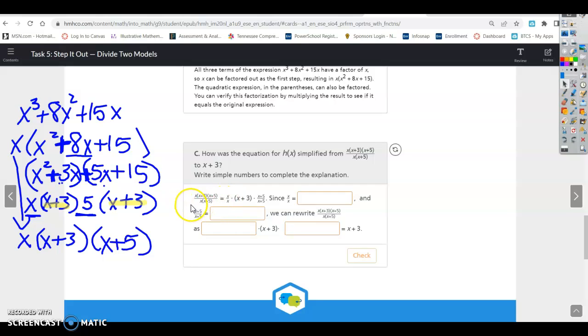This equals x over x times x plus 5 over x plus 5. Since x over x equals 1, and this equals 1, we can rewrite this expression as 1 times x plus 3.